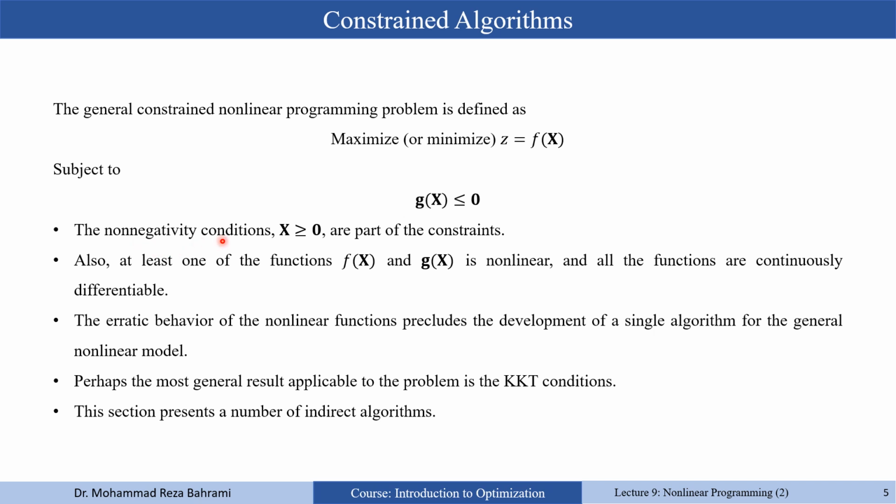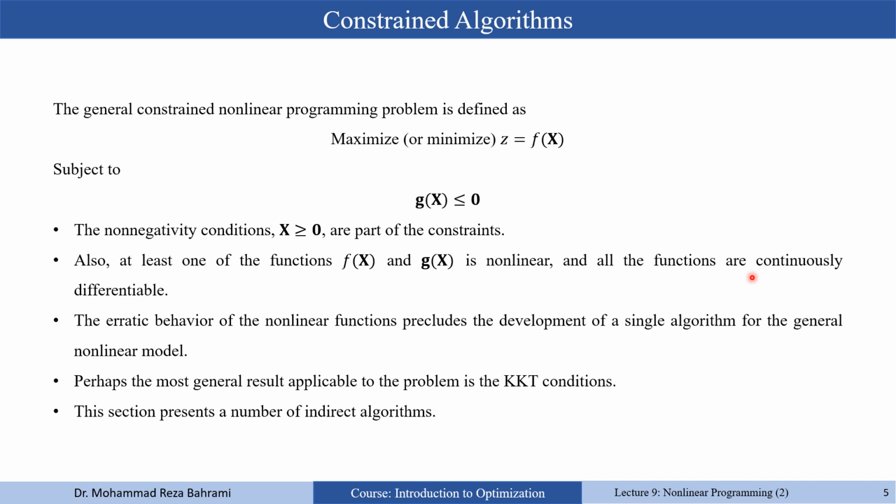The non-negativity conditions are part of the constraints, so we do not write them separately. Then we are saying that at least one of the functions, whether the objective function or a constraint, is nonlinear, and all of them are continuously differentiable.